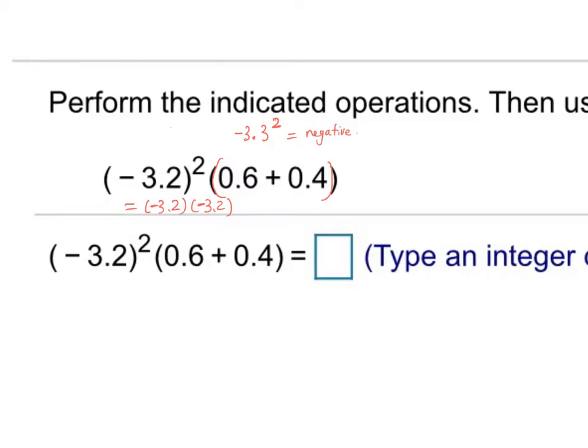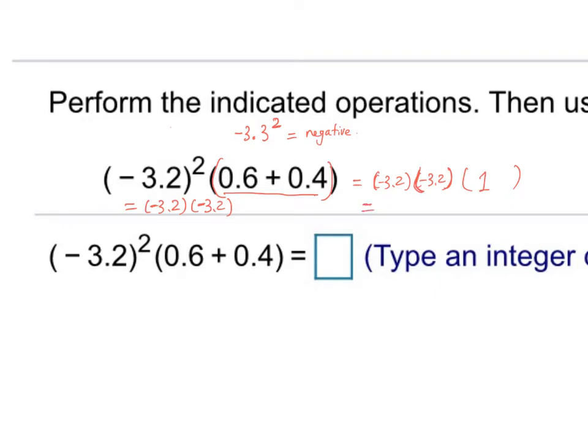So let's do this one. It's going to be -3.2 times -3.2. Use grouping symbol in your calculator, or you just simply type in -3.2, the quantity, the parentheses, and then square in your calculator. Now 0.6 plus 0.4 is just simply 1.